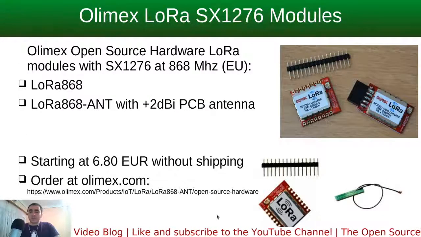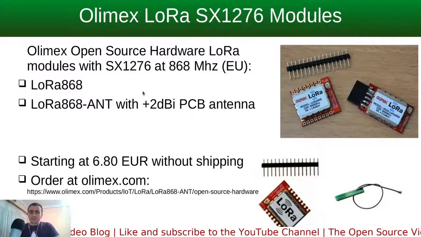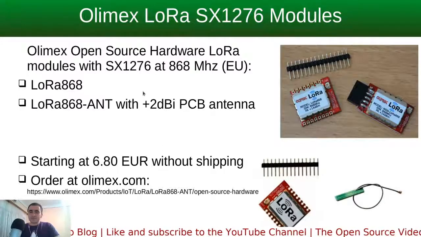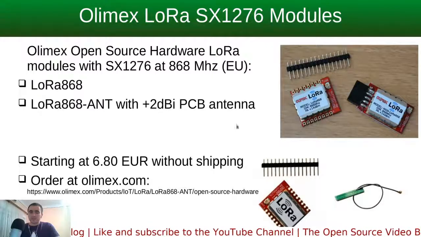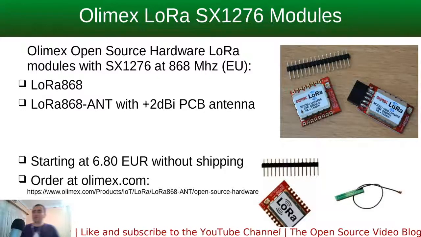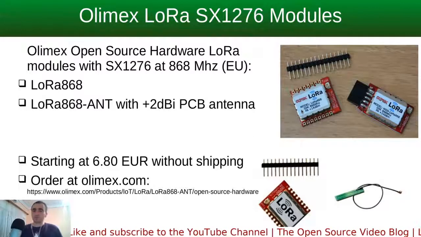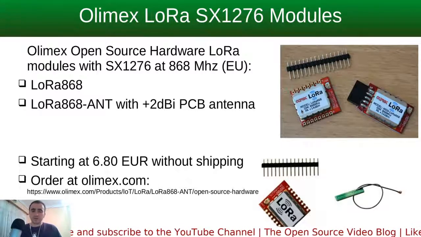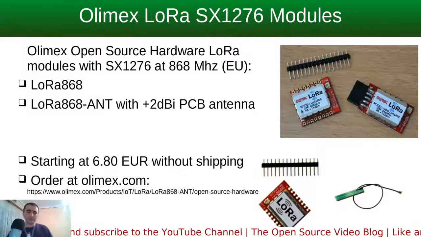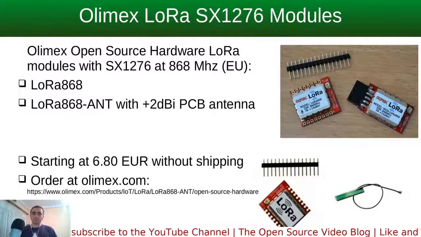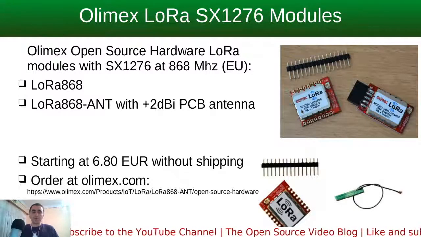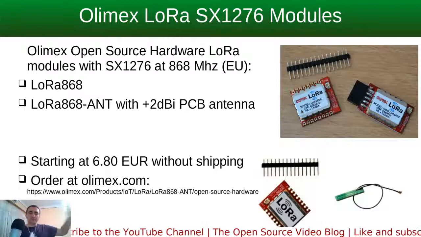Another thing coming from Olimex is the Olimex LoRa SX1276 modules. We have covered LoRa in past editions of the open source video blog. This is a long-range communication protocol which transmits small amounts of data but over very long ranges.